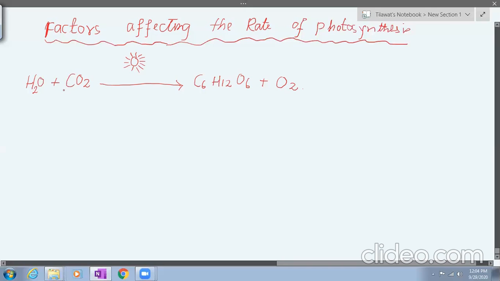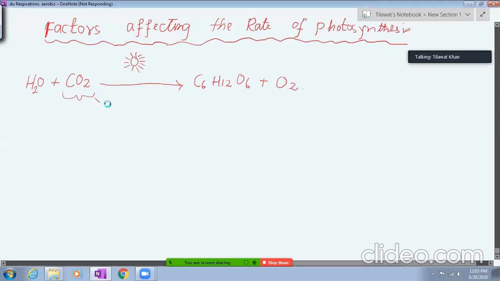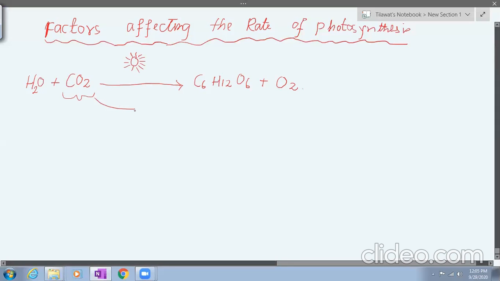Another, for the dark reaction of photosynthesis, we need what? Carbon dioxide to convert that into glucose. So carbon dioxide is another important factor that we need, right? So carbon dioxide is also another factor needed for photosynthesis.